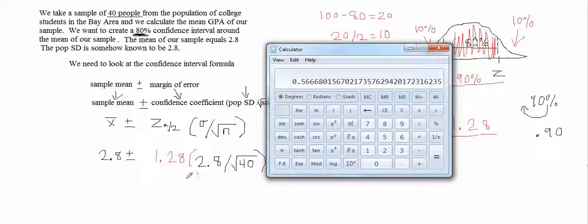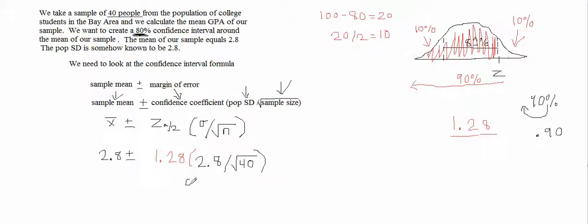I think this entire part right here comes out to about 0.57 when you calculate all of this, which would mean now, to get the confidence interval, we would just add and subtract this to get two numbers.